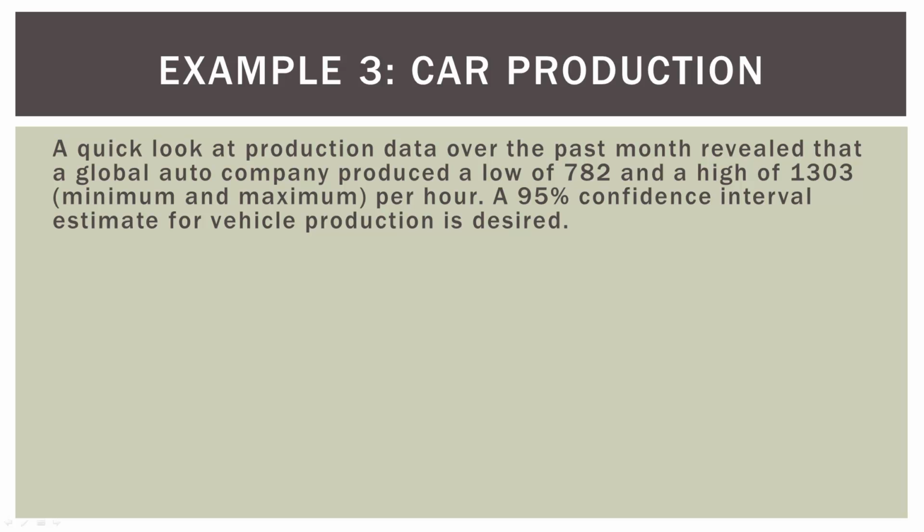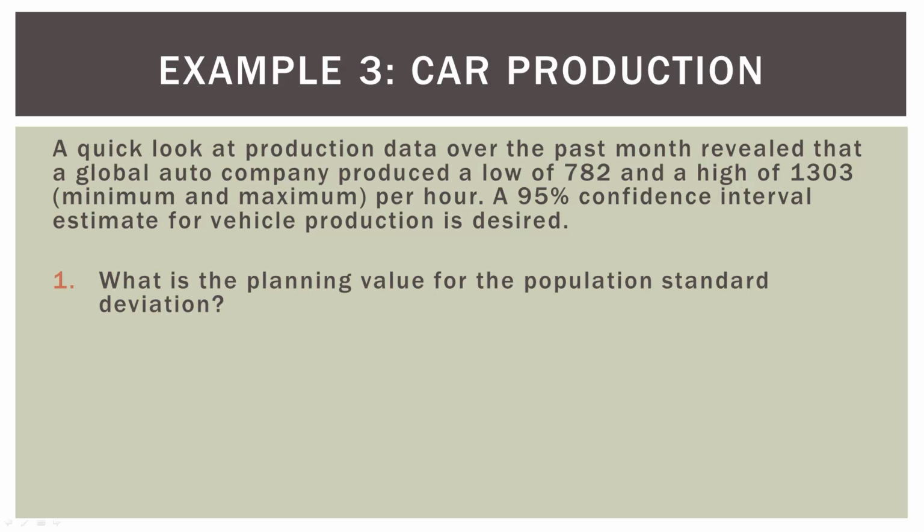A 95% confidence interval estimate for vehicle production is desired. So again, we're going to use a 95% confidence interval. But we kind of have to do something else in this problem. The first thing we notice is that we do not have a sigma. We don't have a standard deviation, so we have to figure that out.